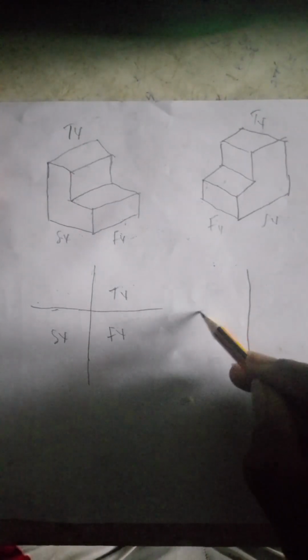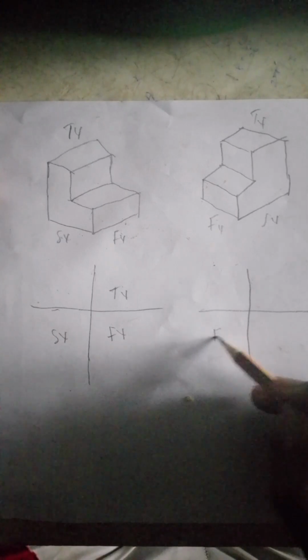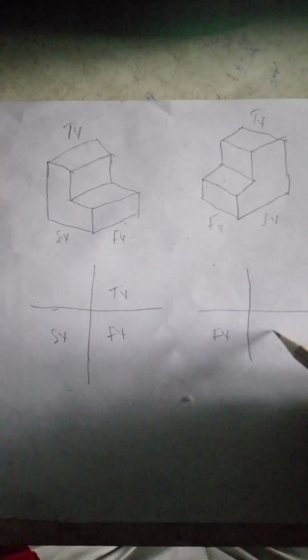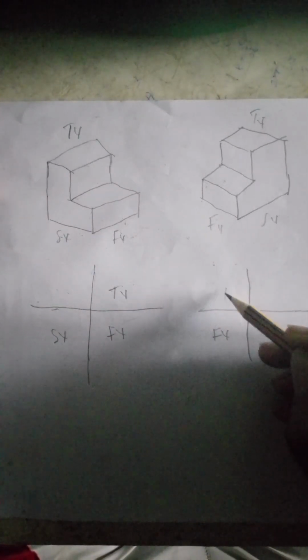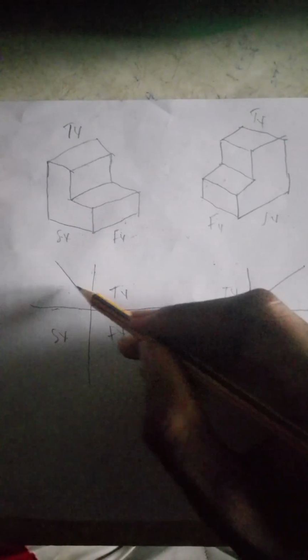Very simple. Your front view will now become below, your side view here, and your top view here. These are all just blanks. There's nothing to be drawn here. This is how it's being represented.